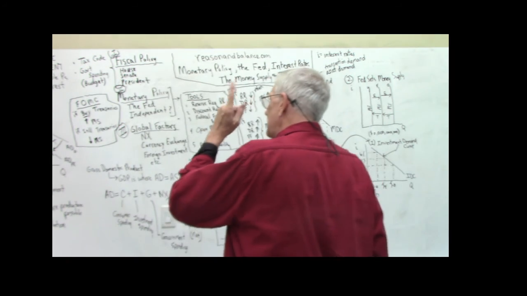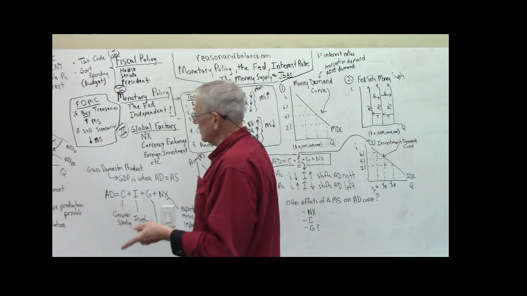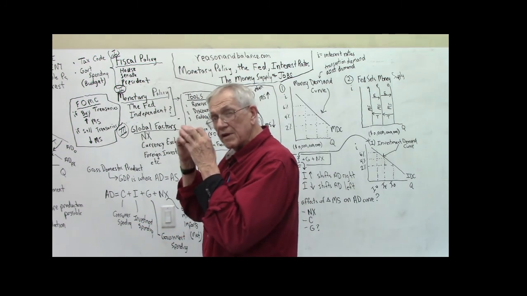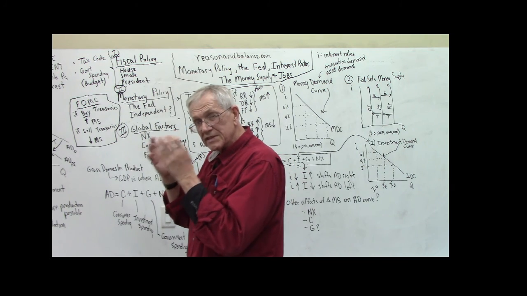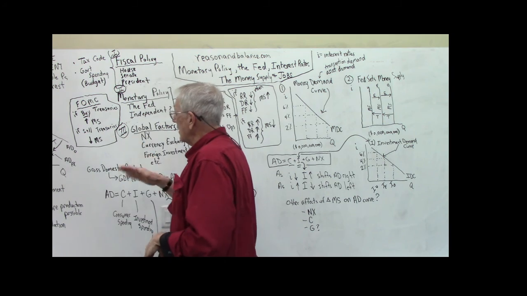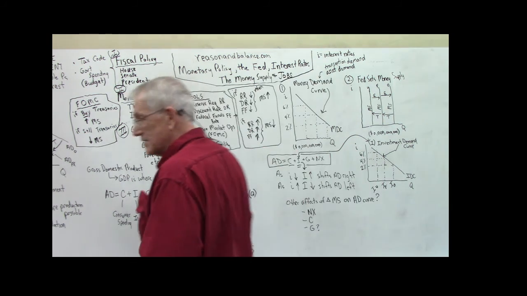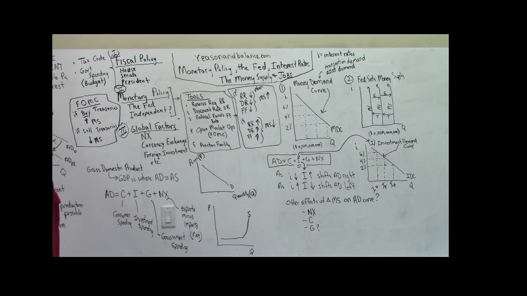So if the Fed buys, it increases the money supply. If it sells Treasuries, we're talking about bills, notes, and bonds issued by the federal government, Uncle Sam, that has a tendency to decrease the money supply. Okay. All right. Now, how's all this stuff related?